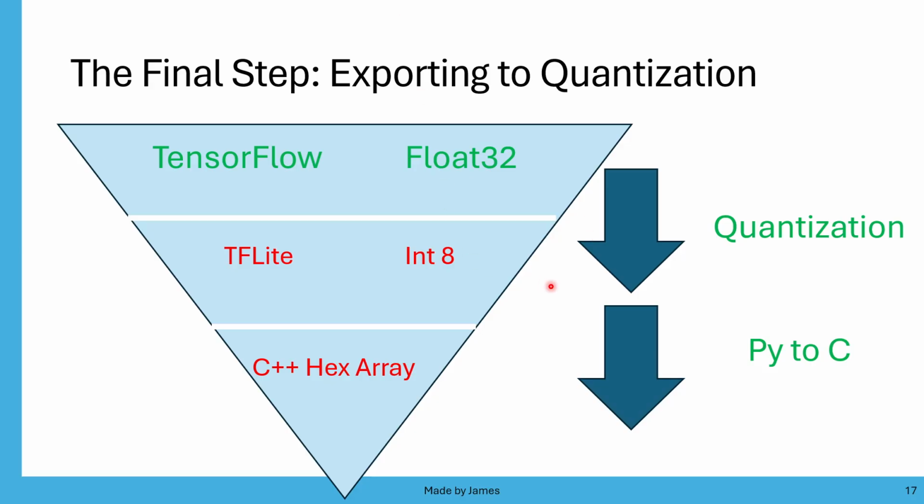And finally, we need to solve the language barrier problem. Python is a very high level language and takes a lot of time to compile. Because the microcontroller chip doesn't understand Python code, we need to convert Python to C. We will convert the quantized, shrunk int8 model into a pure C++ hex array, or you can call it a hexadecimal byte array that C can understand.